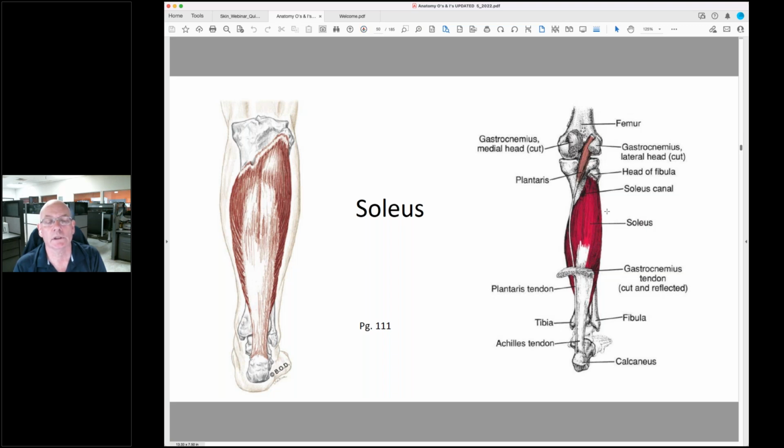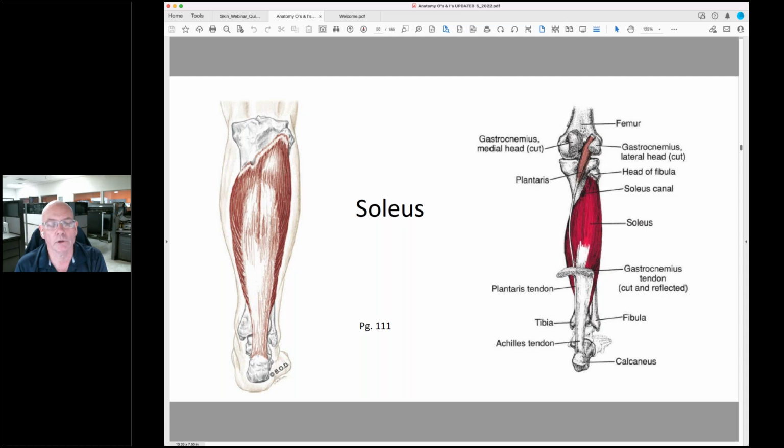Okay, you can see they tragically cut away gastrocnemius here to show the muscle right underneath, or deep to gastrocnemius, cut and reflected. I don't like to have my muscles reflected, but whatever. Anyway, this shows a really good point.